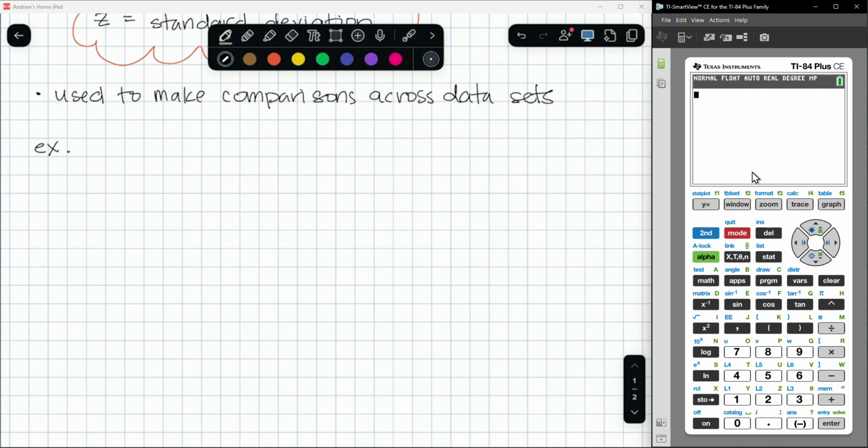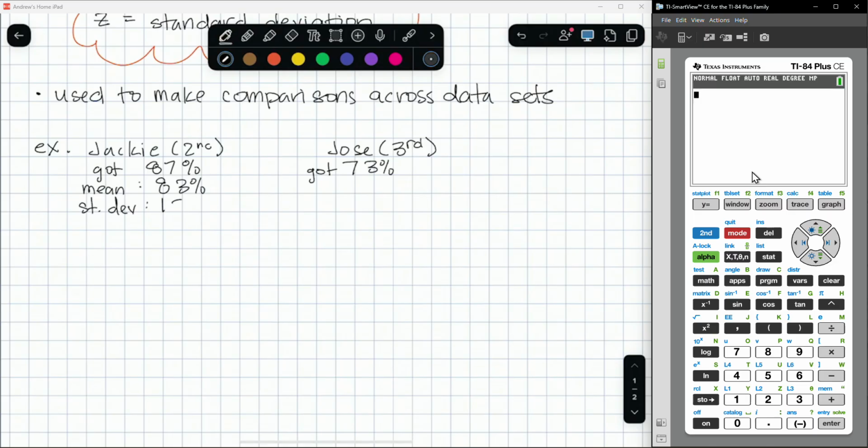So I want to compare Jackie from my second period class to Jose in my third period class. And on the test, Jackie got an 87%. Jose got a 73%. In Jackie's class, the mean was an 83%, and the standard deviation was 12%.